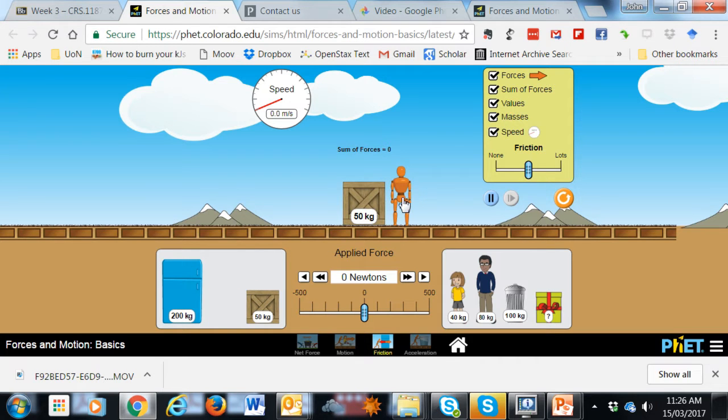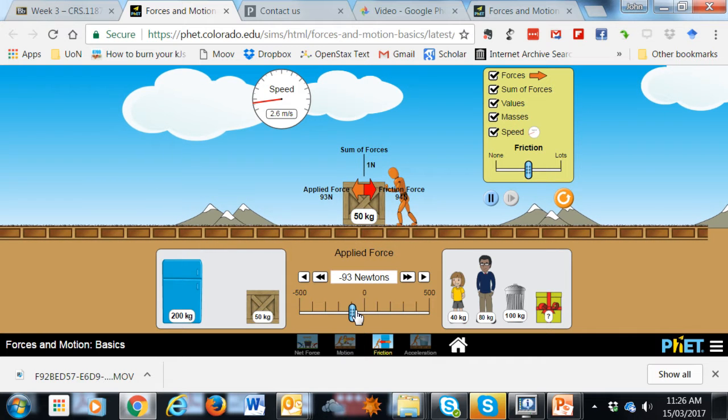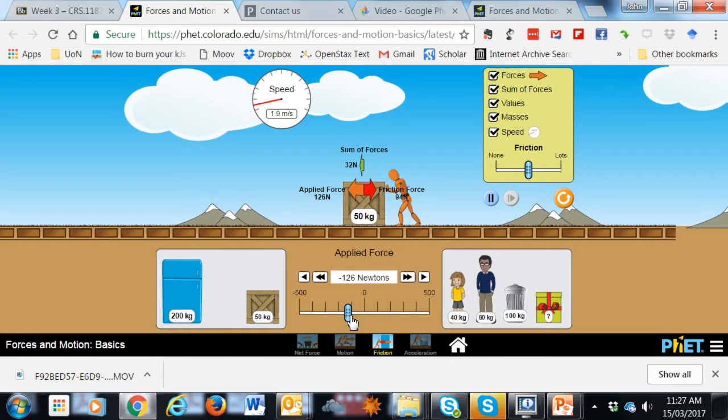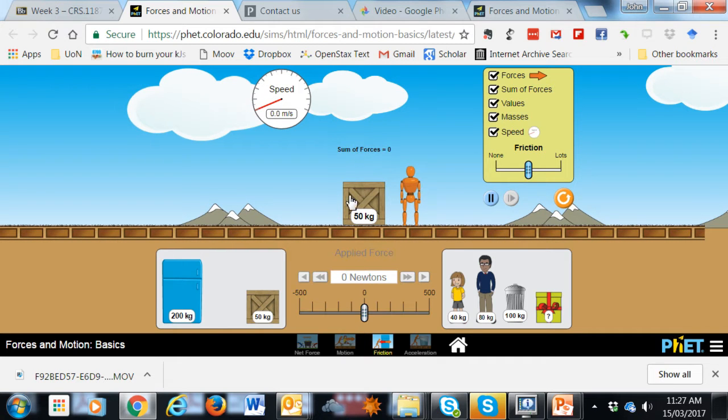I think we'll go in the opposite direction now. We start moving somewhere above 115 newtons. So it turns out the size of the box makes a difference.